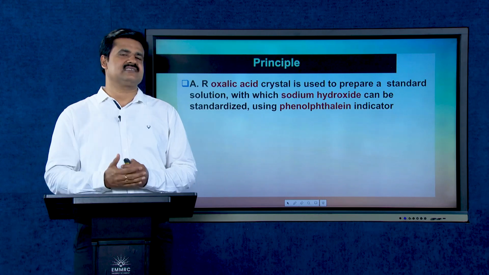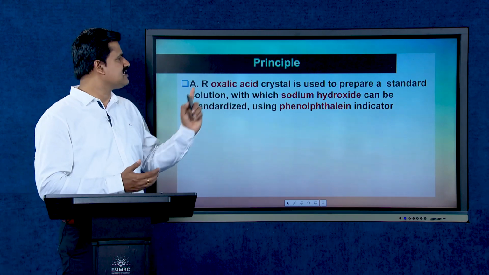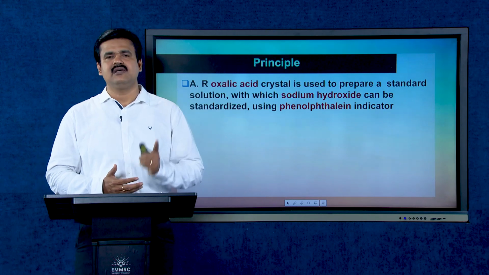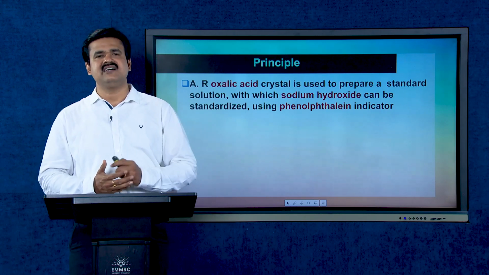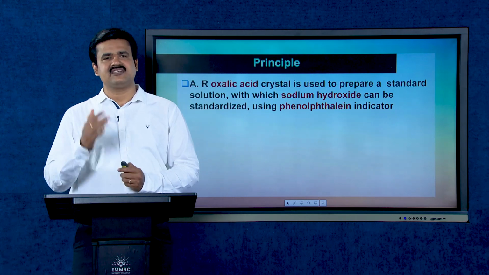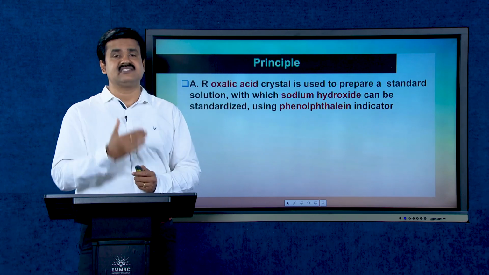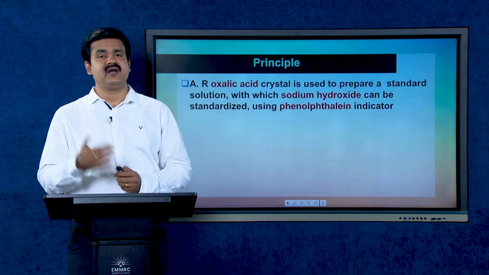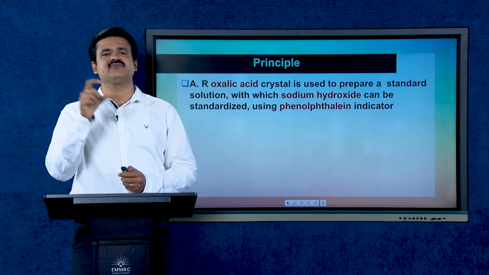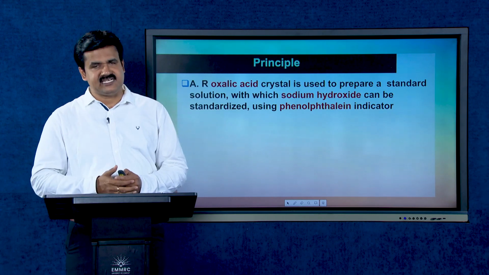By using this standard solution of oxalic acid, the sodium hydroxide solution can be standardized using phenolphthalein as the indicator. Here, phenolphthalein is selected as the indicator because you are performing the titration between the weak acid oxalic acid against strong base sodium hydroxide, and the pH range of this experiment selects phenolphthalein as the suitable indicator.